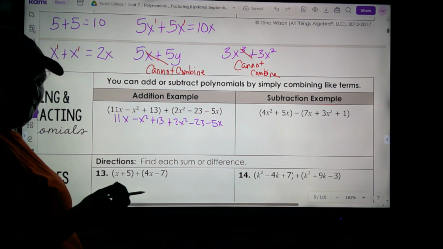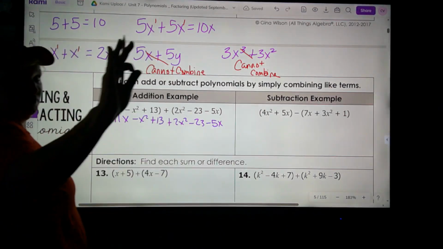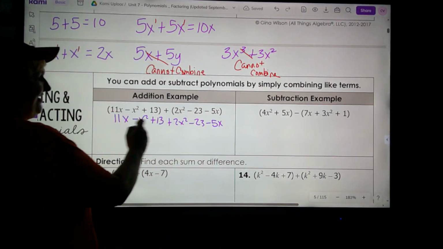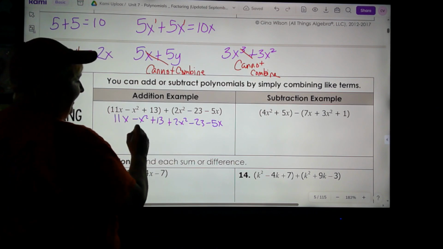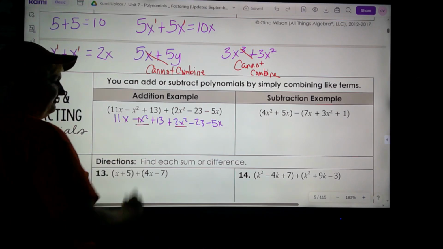Remember, standard form. Alphabetical first, highest to lowest exponent. Alright, so we're all x, so we're good. Alright, highest exponent is 2, so start with that. 2x squared minus 1x squared.